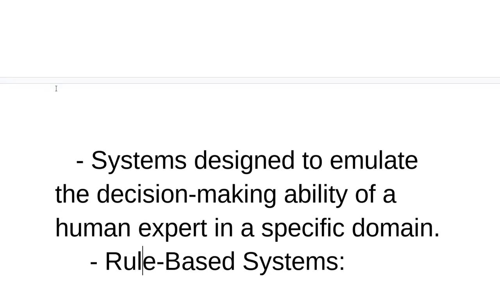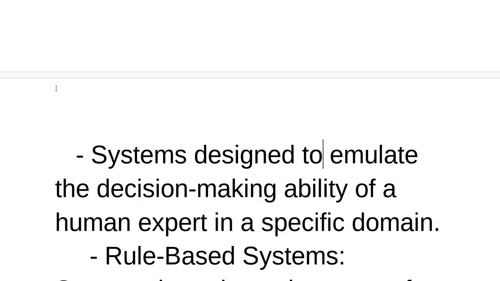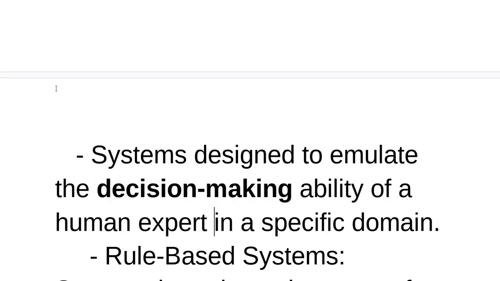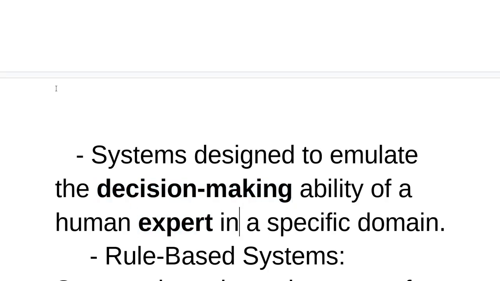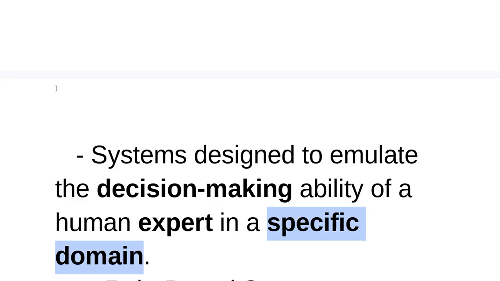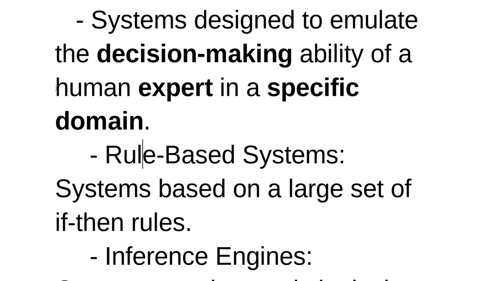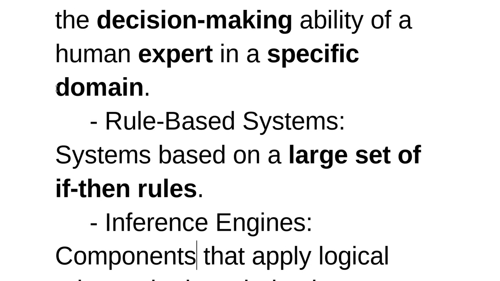Expert systems are systems designed to emulate the decision-making ability of a human expert in a specific domain. So they are domain specific. Rule-based systems are systems based on a large set of if-then rules.